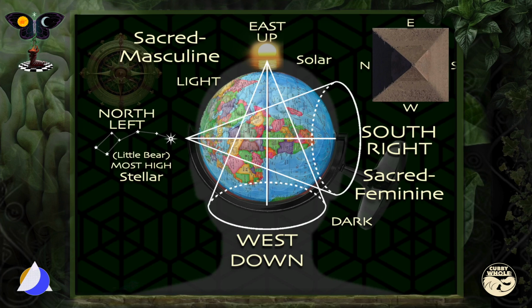And the sacred feminine aspect is associated with the south, because it's associated with the right brain. Okay. So the north and the south together, joined by the equator and the rising sun in the east, up at the top, this represents both hemispheres in equipoise.